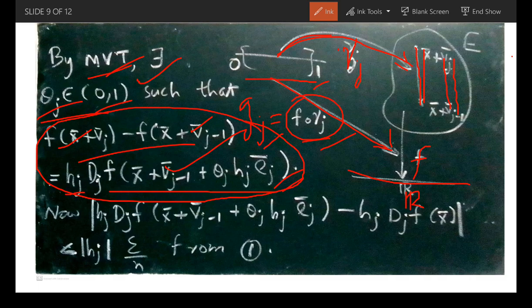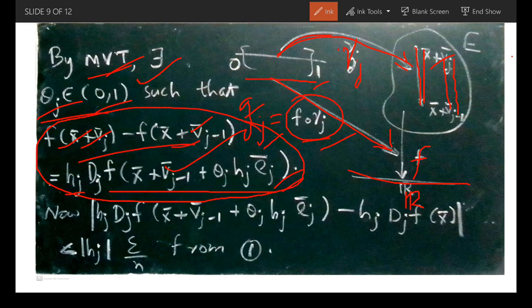What is G_j(1)? This is precisely f composite γ_j of 1. This is precisely f of, what is γ_j(1)? x + v_j. So it is f(x + v_j), minus, what is G_j(0)?